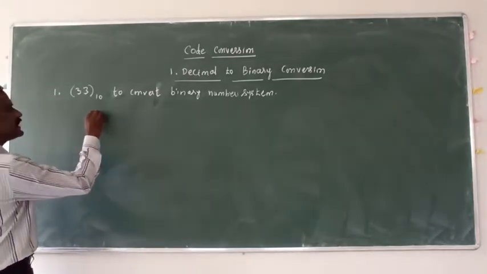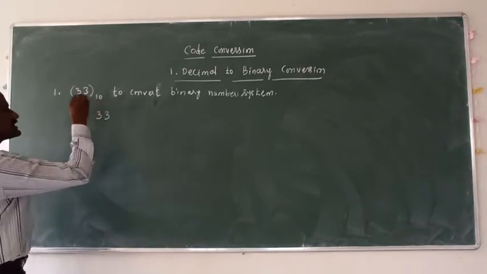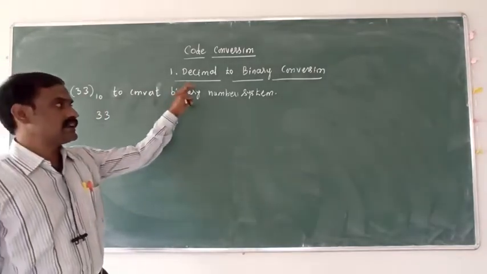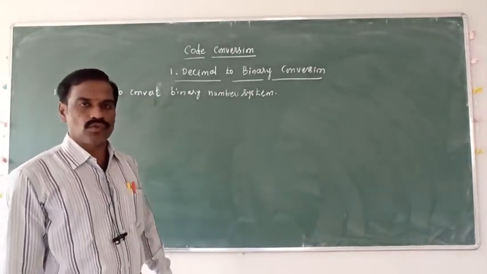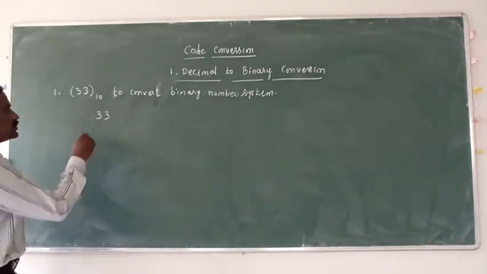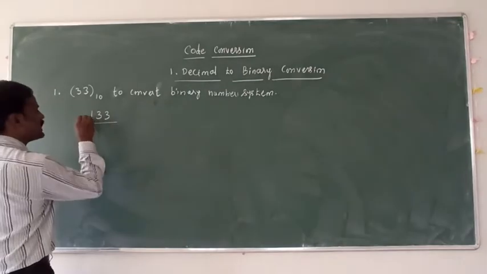Here 33, the base is 10, and 10 means decimal. To convert to binary, the base is 2, so we divide by 2.